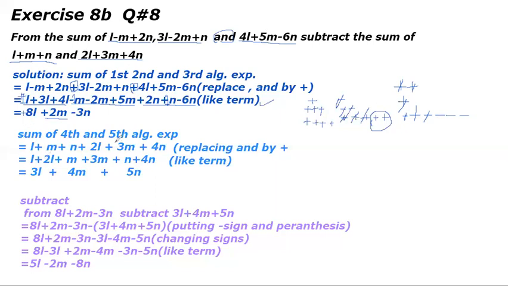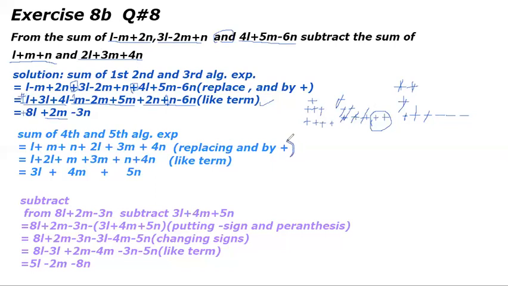Now the second part of the question is we have to do the sum of algebraic expression number 4 and 5. This is algebraic expression number 4 and this is algebraic expression number 5. In the parentheses you can see I have written replace 'and' by a positive sign.